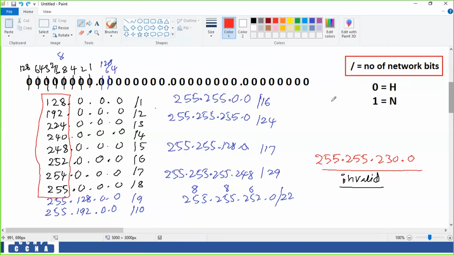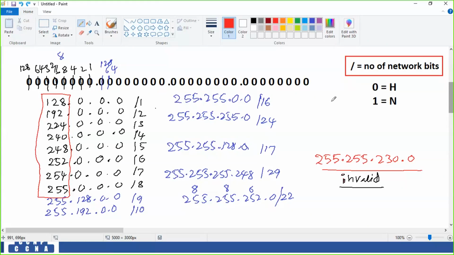So finally, let us conclude today's session. Two major questions. One is, what is subnetting and why subnetting? What is subnetting? Creating multiple independent networks from a single network. And why subnetting? To minimize the wastage of IP addresses.